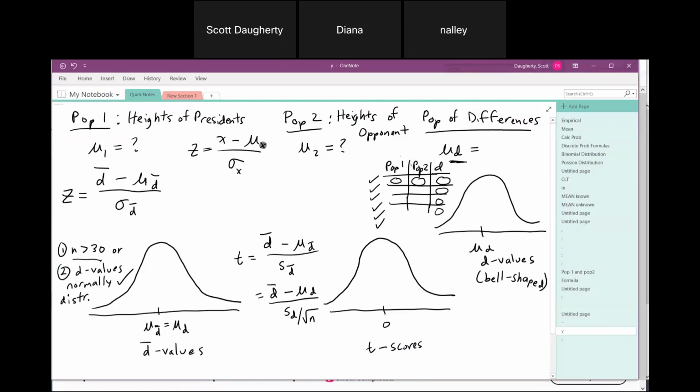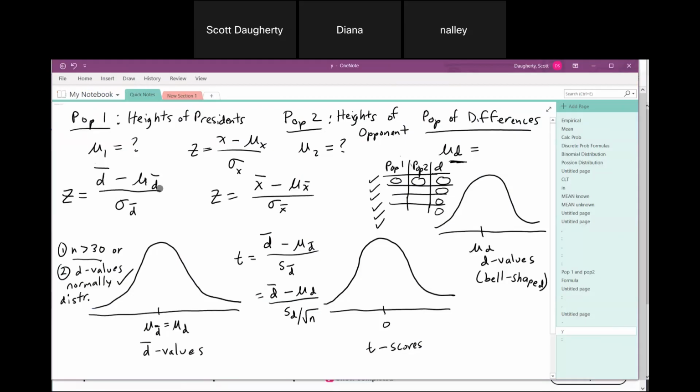And now if this is x bar, then to convert x bar into a z-score, we would take x bar minus the mean of the x bar values divided by the standard deviation of the x bar values. The only difference here is we're labeling this as d bar because they're coming from the differences in the matched pairs. It's the same thing, right?